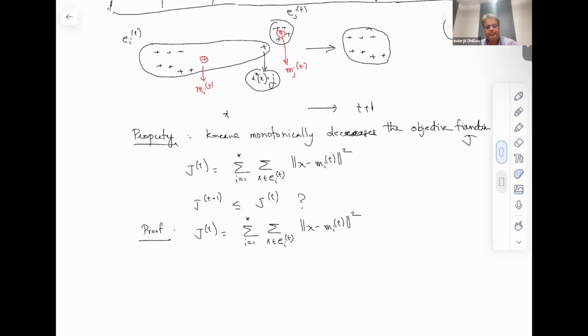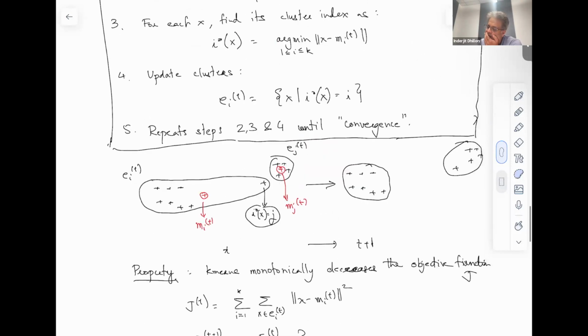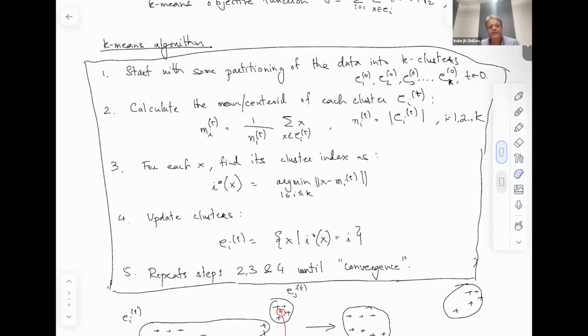Okay, so jt is the definition. And now let's see. I have this step in the method, which is that at the t plus 1 iteration, when you found the cluster index, then it is the minimizer, the minimum among all the distances to the centroids.